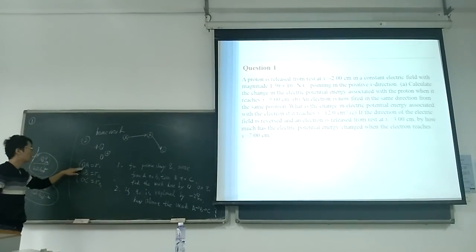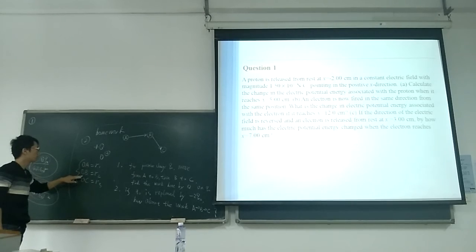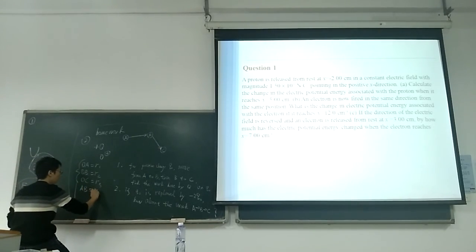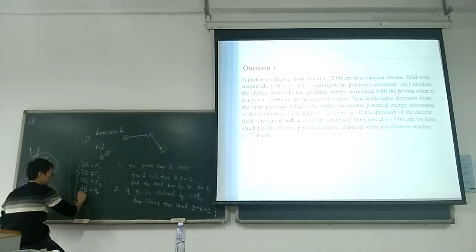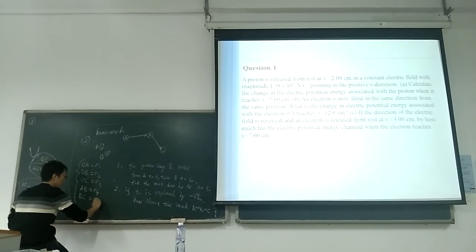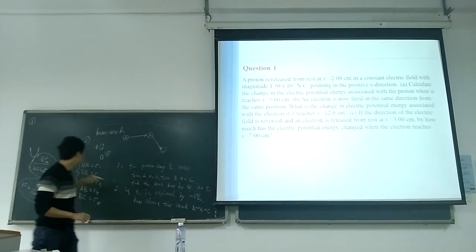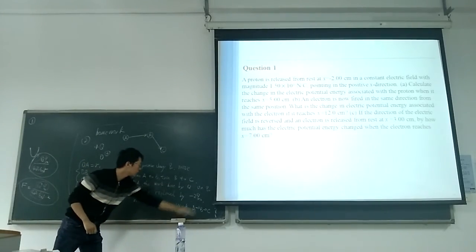The distance OA is R1, distance OB is R2, distance OC is R3, distance AB is R4, distance BC is R5. Find the work done by large Q on Q0.